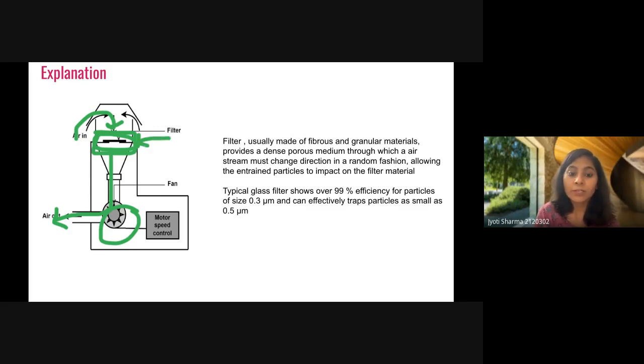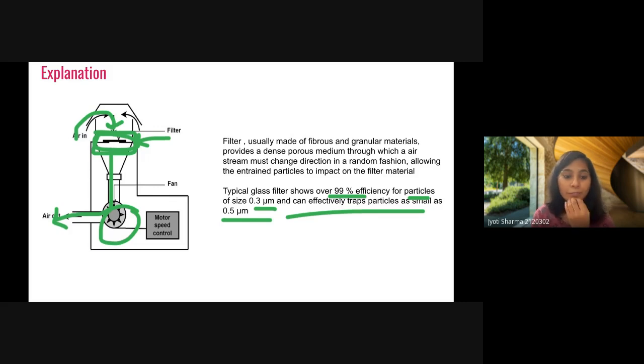So this will show you 99% efficiency for particles of size 0.3 micrometer and can effectively trap particles as small as 0.5 micrometer, right? So this is one method by which we can collect particulate matter.